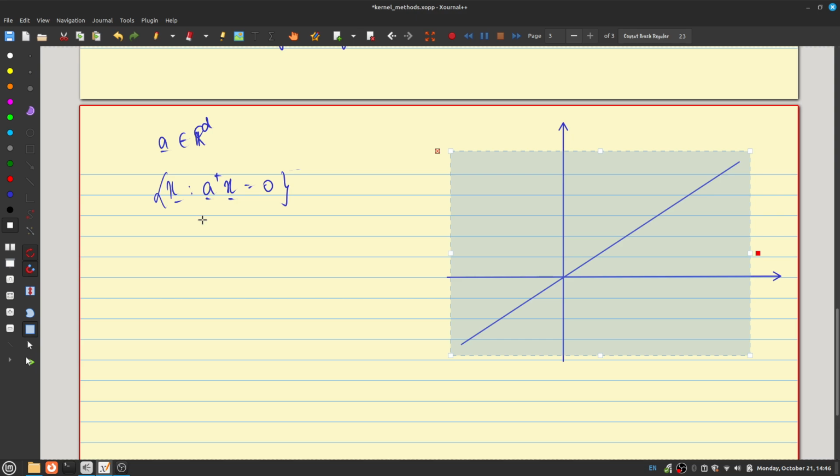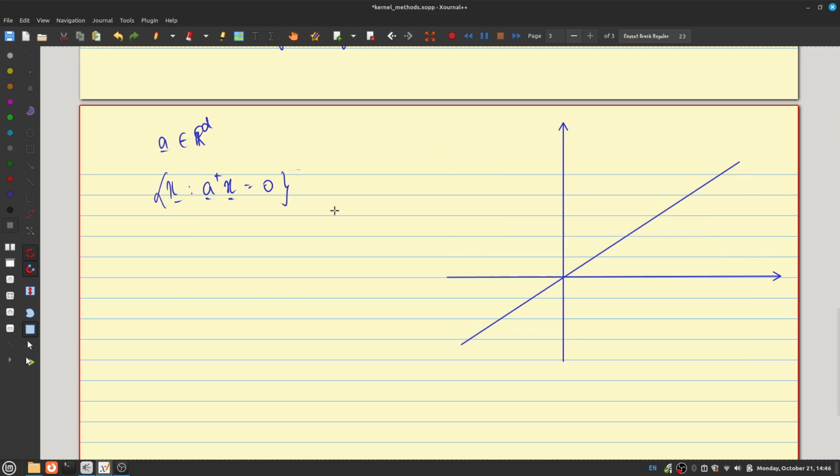It's all of Rd. So it's a D-dimensional space. Fine, we'll assume that A is non-zero.